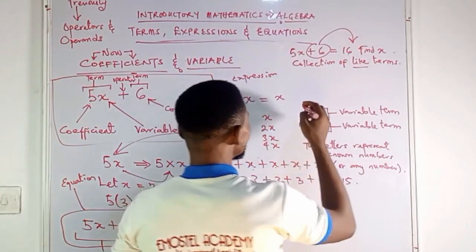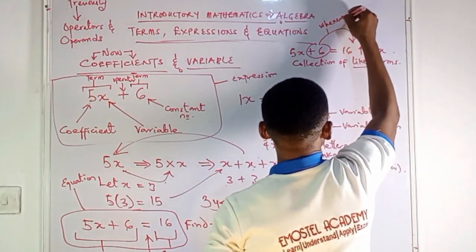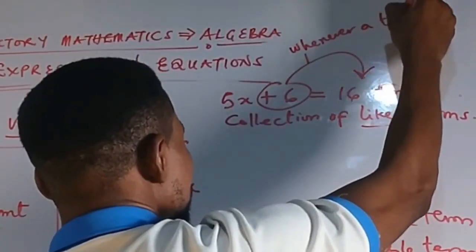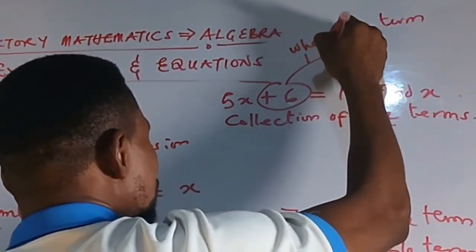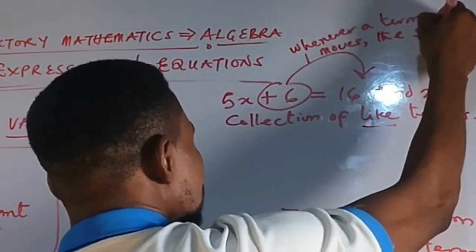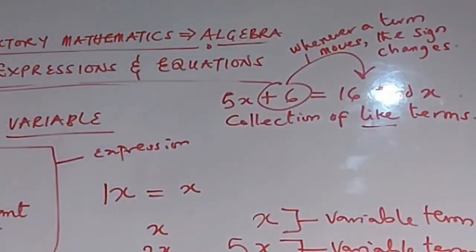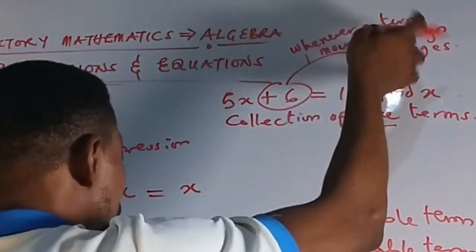So the rule is that whenever a term moves to the other side, the sign changes. It is not just ordinary movement.